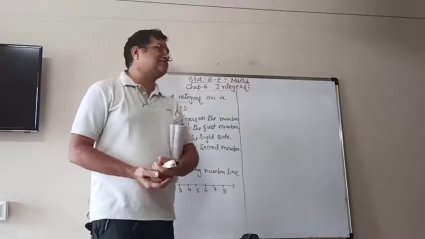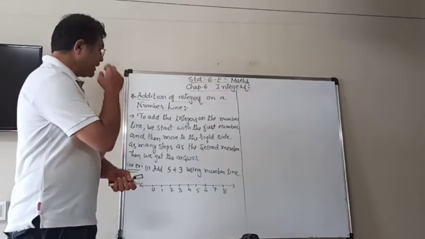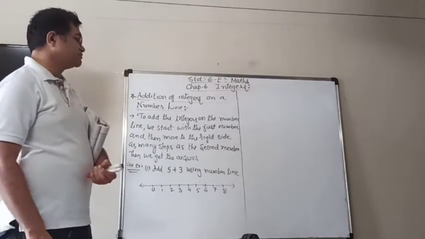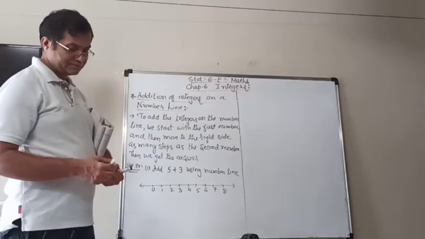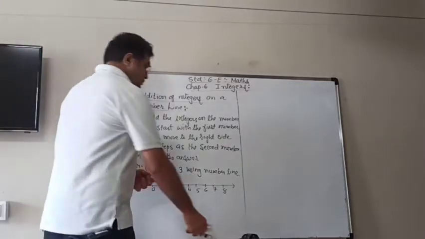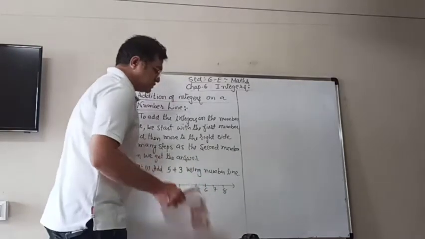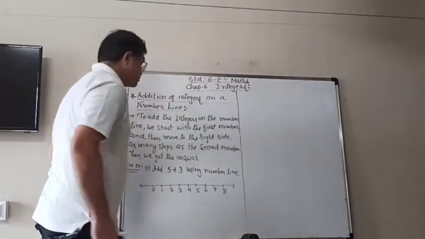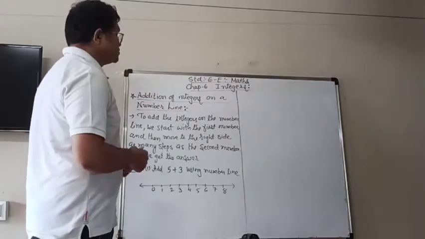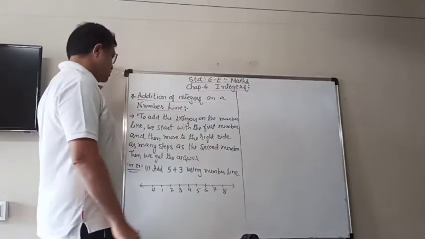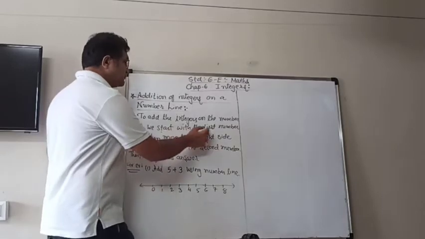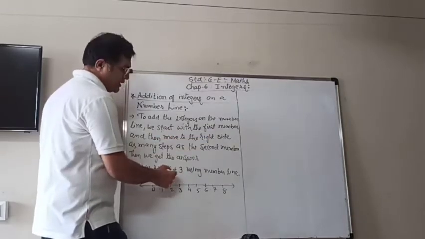Let us understand with an example. Add 5 plus 3 using the number line. Now we know that 5 plus 3 is 8, but we are going to do that same using the number line. So we have to start with the first number. Which is the first number? 5.